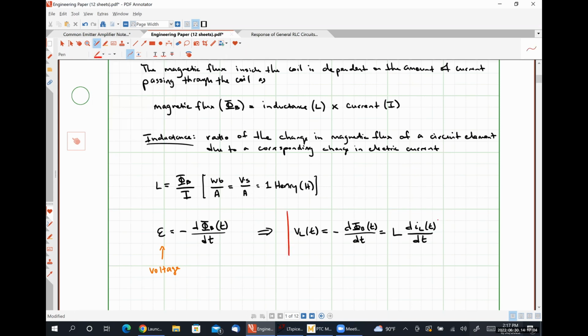This equation is an important one because it gives us a current-voltage relationship for our inductor.